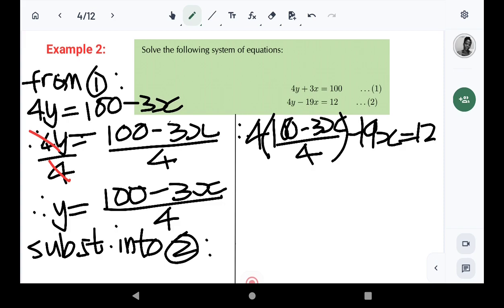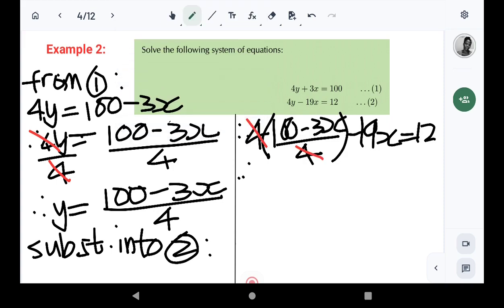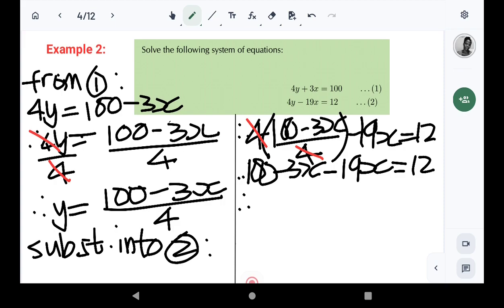Right, the 4's cancel out, as you can see. You're left with, on the left hand side, 100 minus 3x minus 19x equals to 12. Therefore, add like terms.